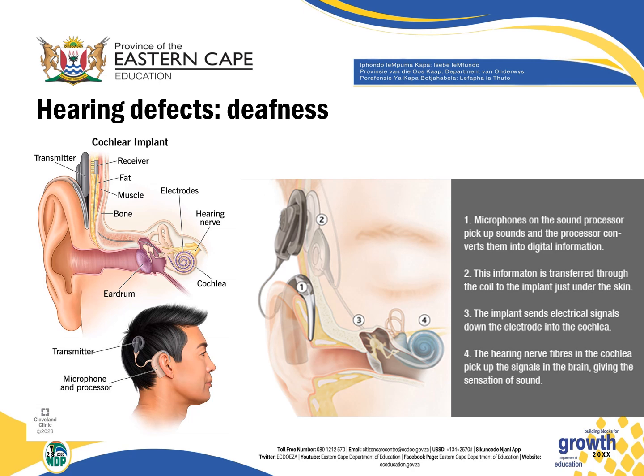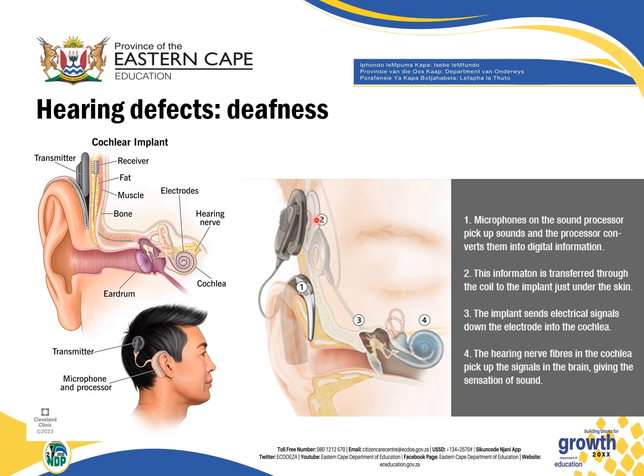Now, a cochlear implant can be used when the organs of Corti or receptors in the cochlea are damaged and therefore cannot pick up the stimulus and convert it to an impulse. So your cochlear implant consists of a processor on the outside which is connected to a transmitter.